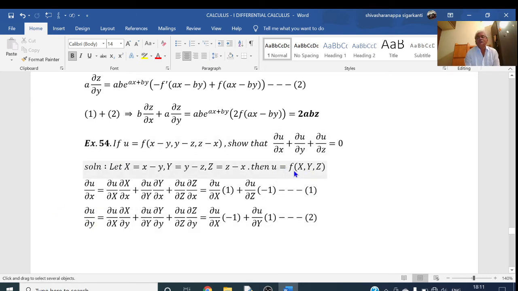Differentiating u with respect to small y, we get ∂u/∂X into ∂X/∂y plus ∂u/∂Y into ∂Y/∂y plus ∂u/∂Z into ∂Z/∂y.